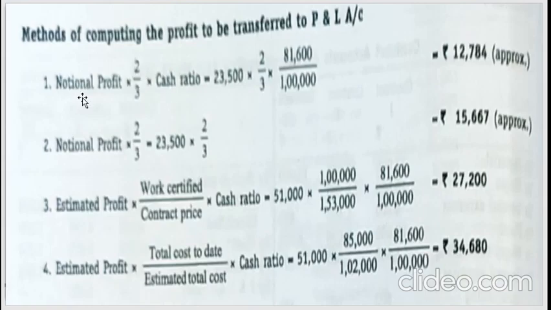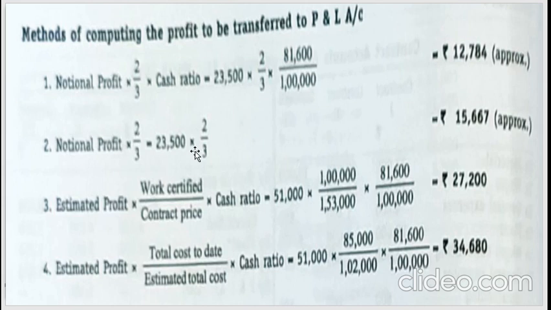The methods of computing profit to be transferred to profit and loss account are: notional profit into two-third into cash ratio; notional profit into two-third; estimated profit into work certified divided by contract price into cash ratio; estimated profit into total cost to date divided by estimated total cost into cash ratio.